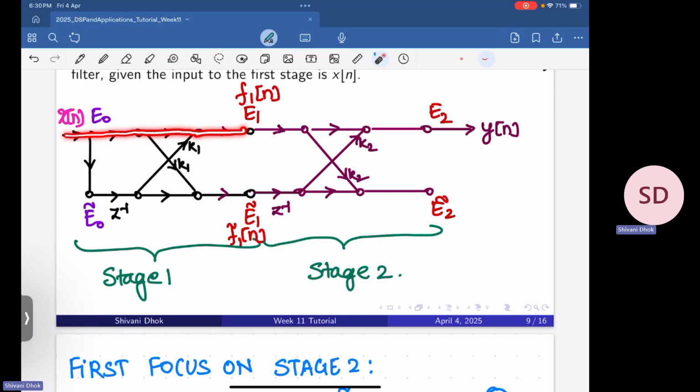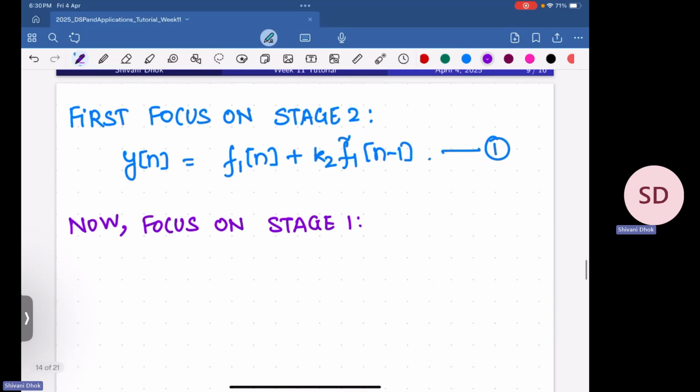At the same time, we have this x of n coming here and getting delayed. So at this point, we have x of n minus 1, and that x of n minus 1 gets multiplied by k1. So we have x of n plus x of n minus 1 into k1. That is equal to our f1 of n. So we have f1 of n is equal to x of n plus k1 times x of n minus 1.